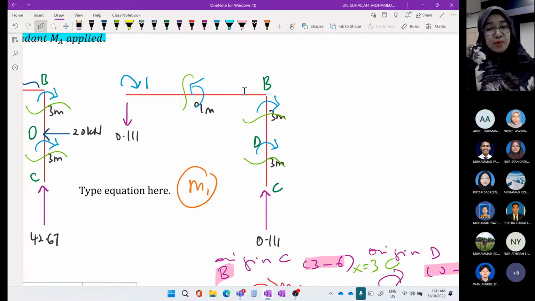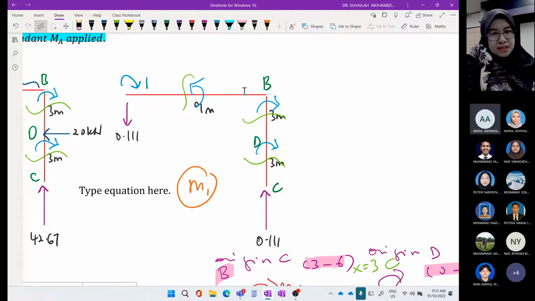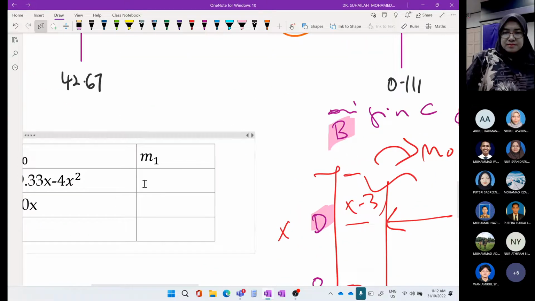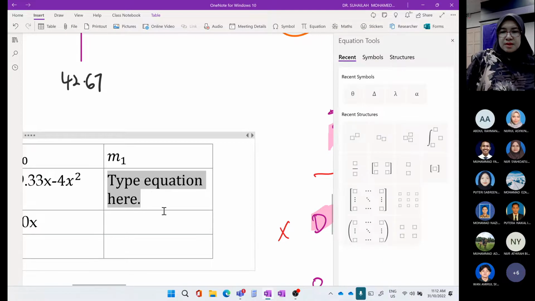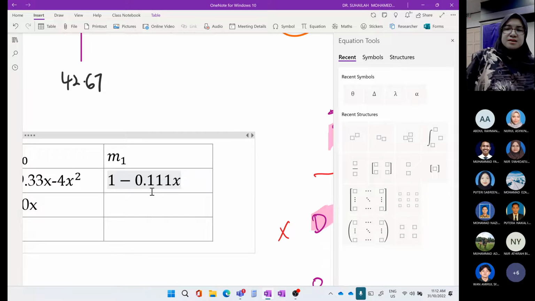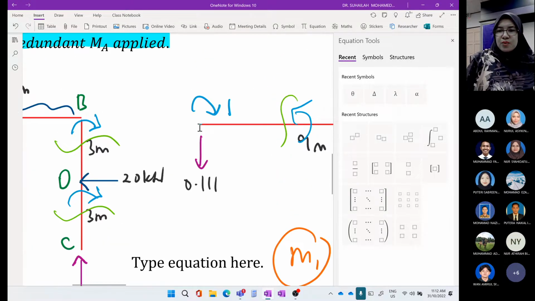It is 1 minus 0.111x. Yes, it is 1 minus 0.111x. Okay, next equation.